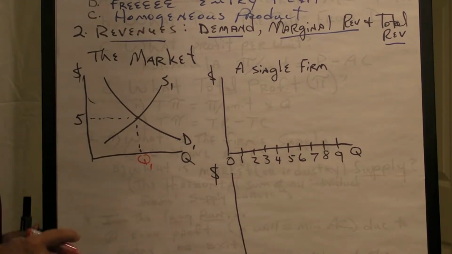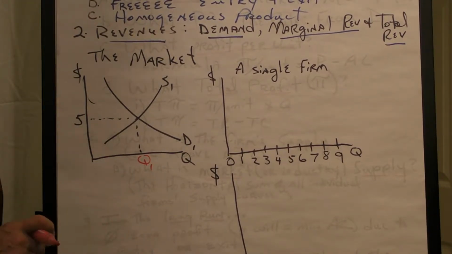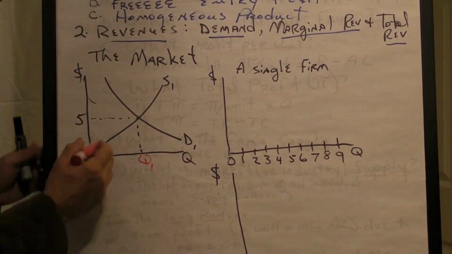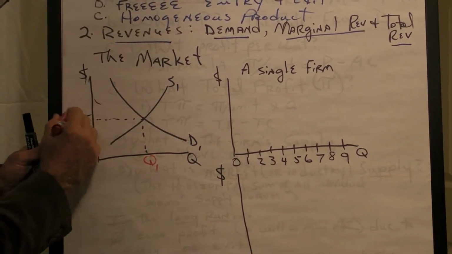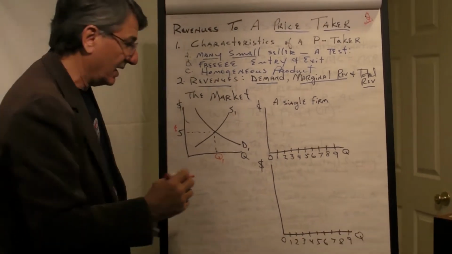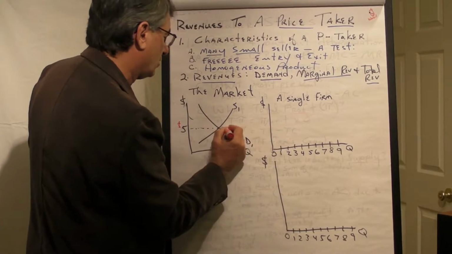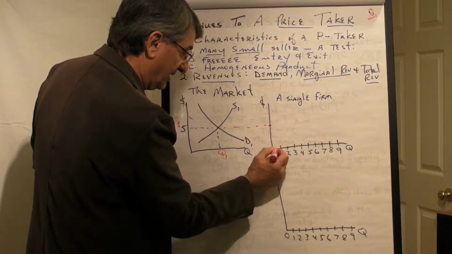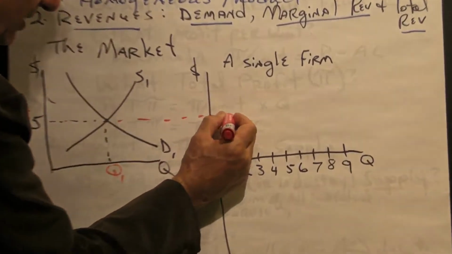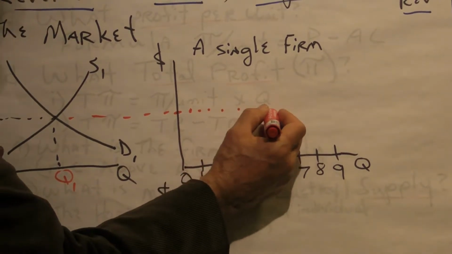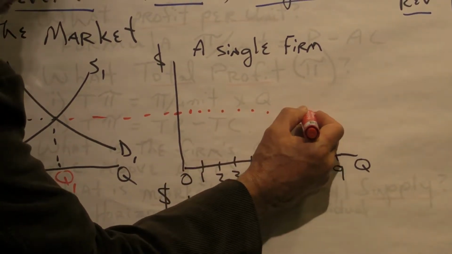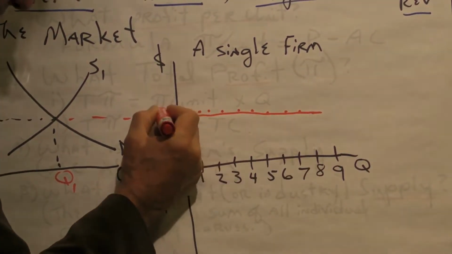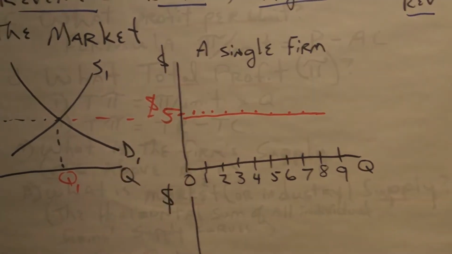And this quantity is established at Q1, but it's enormous compared to the output of any given firm. So once the price is established at $5 per bushel, we'll say, this firm has the choice to sell 0 units, 1, 2, 3, 4, 5, as many as it wants to or is capable of producing at the market price of $5 per bushel.